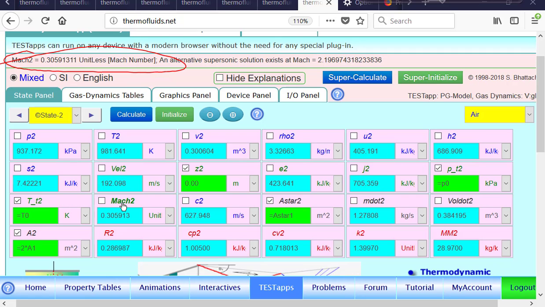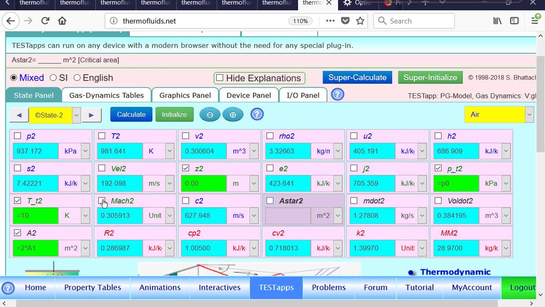That you've got to understand. Because the areas A star and A are given in this problem, their area ratio, as you know, will produce two solutions, one subsonic, one supersonic. In this case we must pick the supersonic solution, otherwise there will be no shock wave. So A star is not known; instead the Mach number is known.